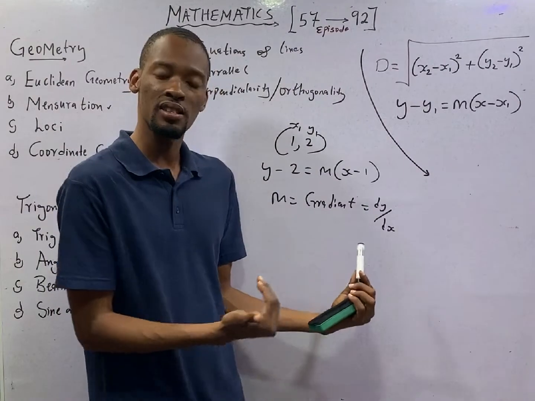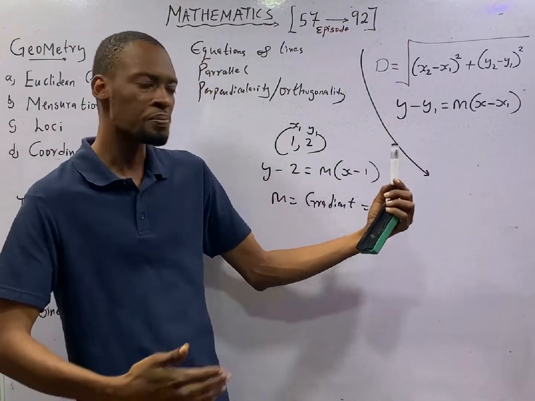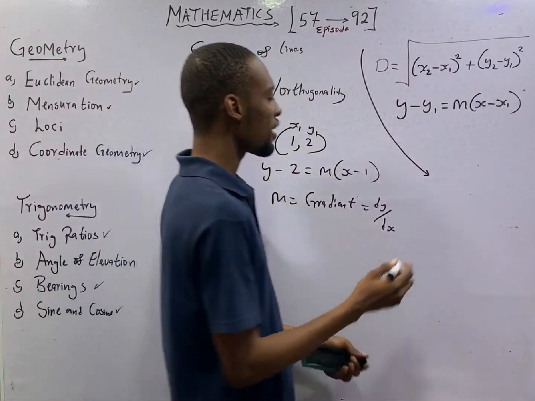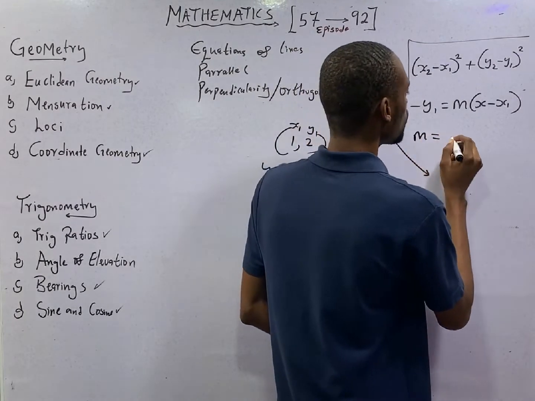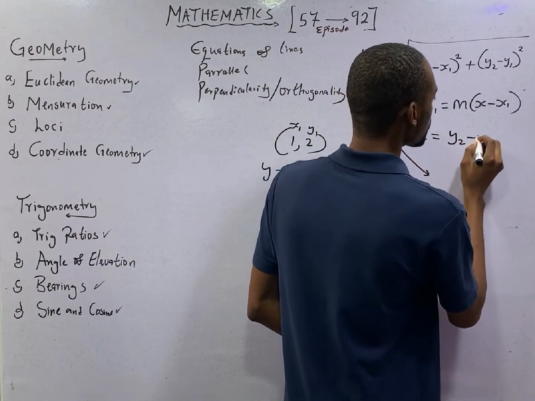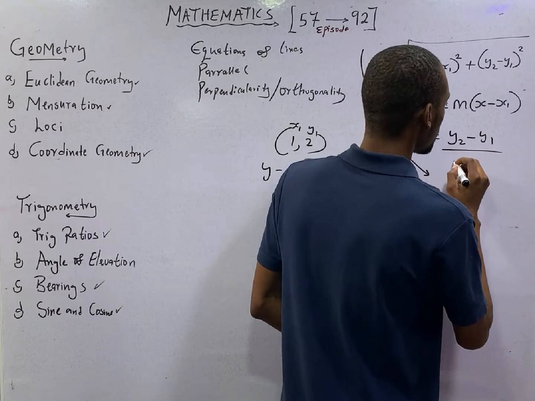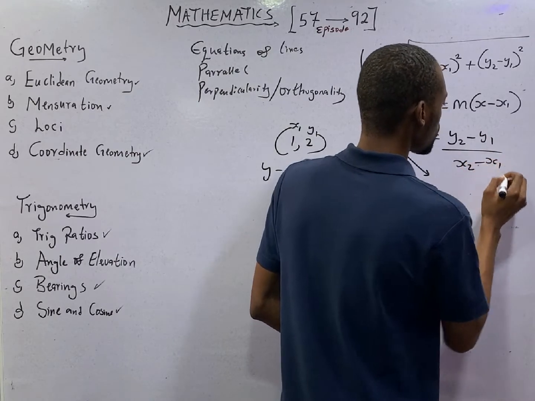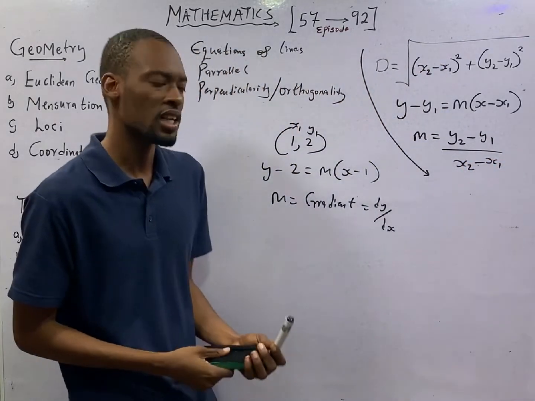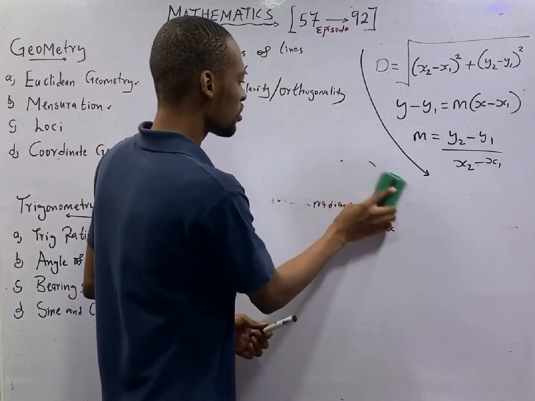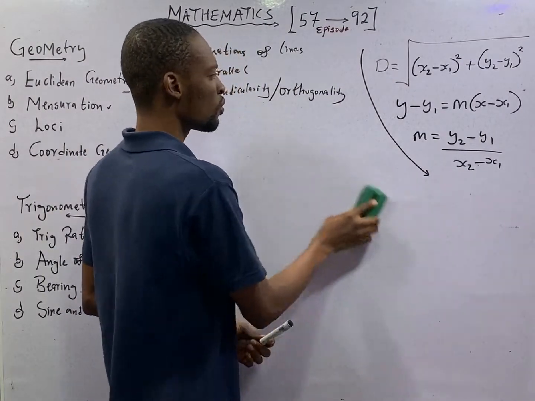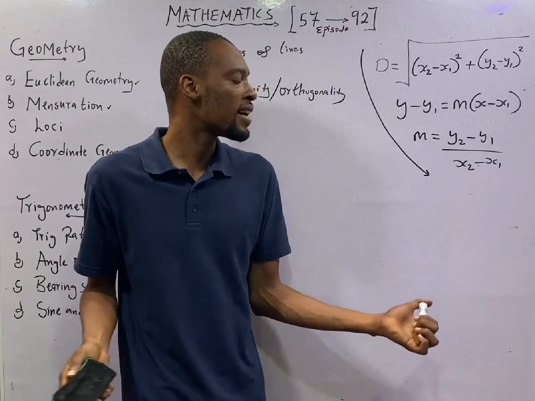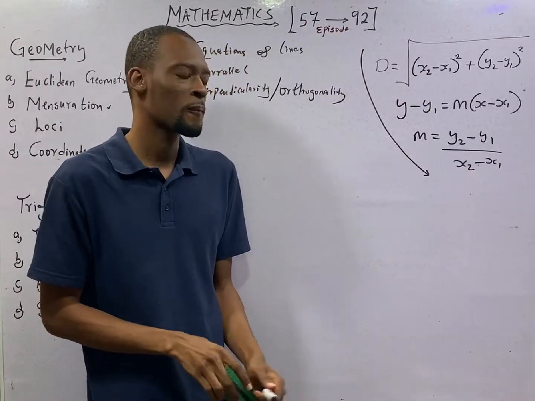But for coordinate geometry, or for slope on your graph, gradient m is equals y2 minus y1 over x2 minus x1. Even in your physics practical, if you are asked to look for slope, that is what you obviously do: y2 minus y1 over x2 minus x1.